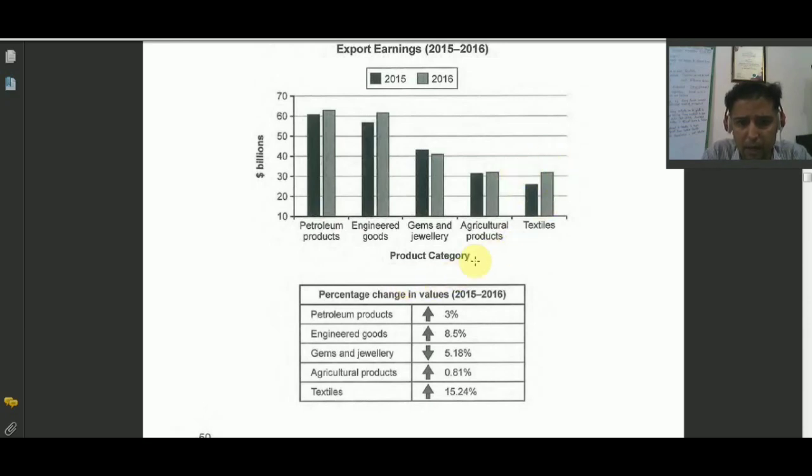And then the product category. Now what your table says is the percentage change in value from 2015. This change is given in the form of percentage, and we can correlate this. Textile has a change of 15.24%, which I earlier said is the biggest.